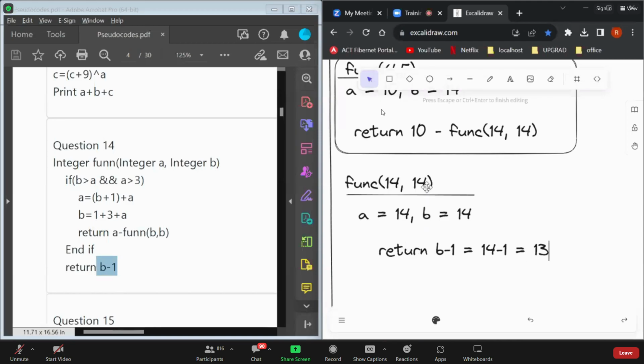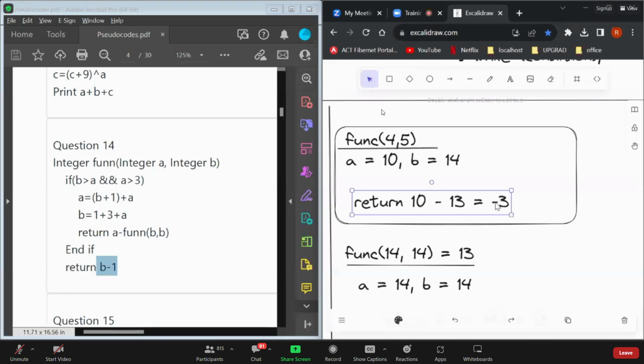Okay. Now we got the answer for 14 comma 14, which is 13. Now that you have the answer, replace the value here. This will be 13. So 10 minus 13 is what? Minus 3. Okay. So minus 3 should be your answer.